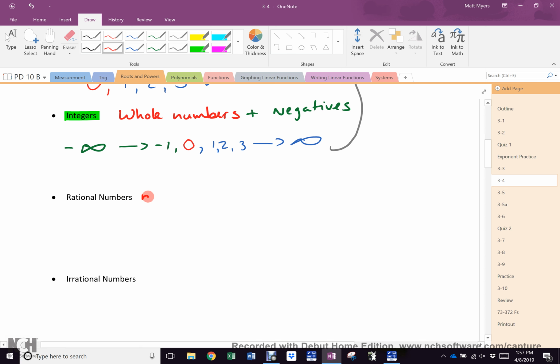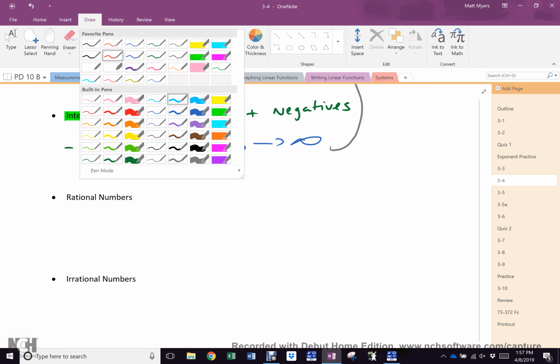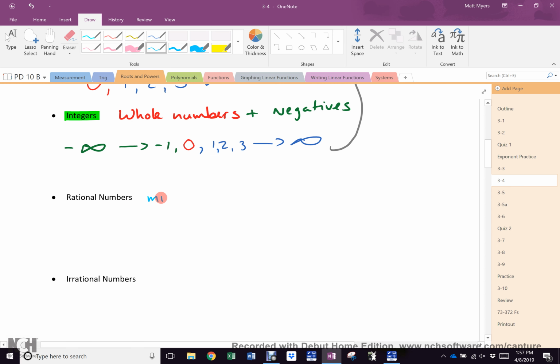Rational numbers must be in this form: X over Y. X and Y must be integers, and Y cannot equal 0.